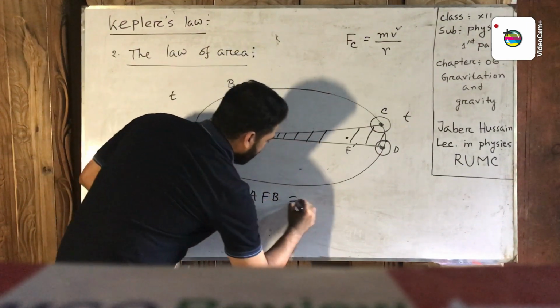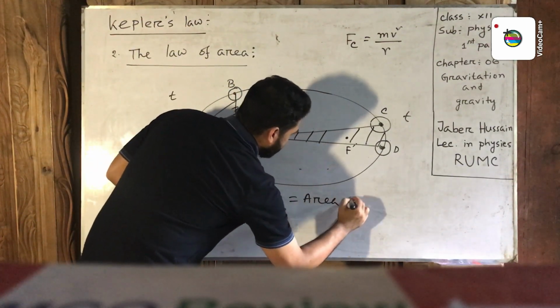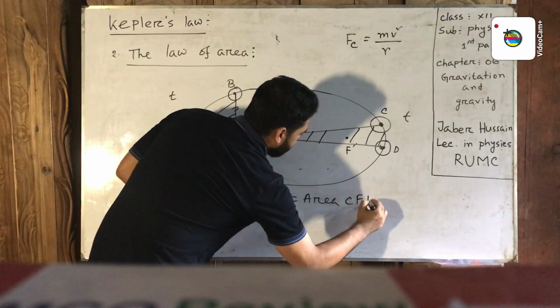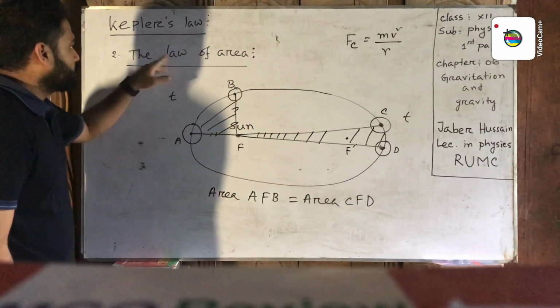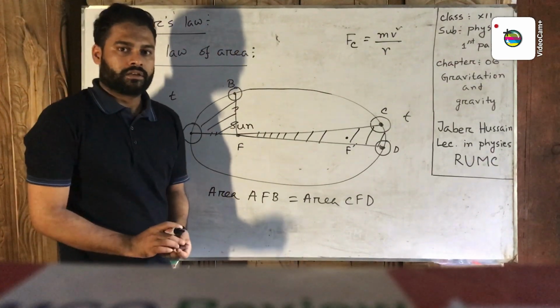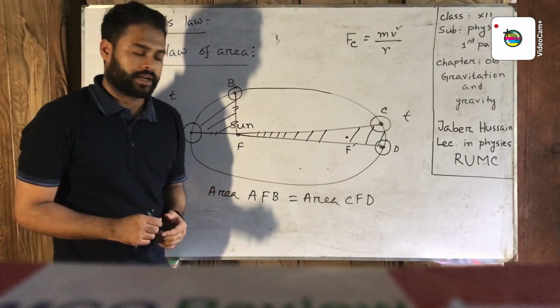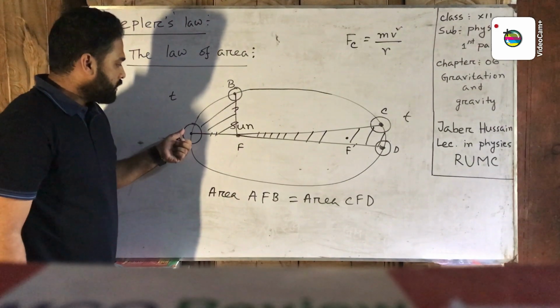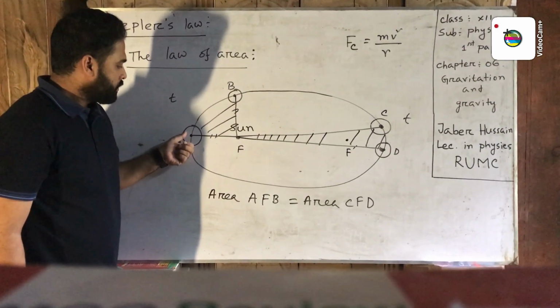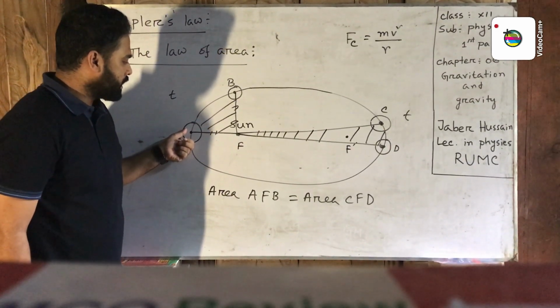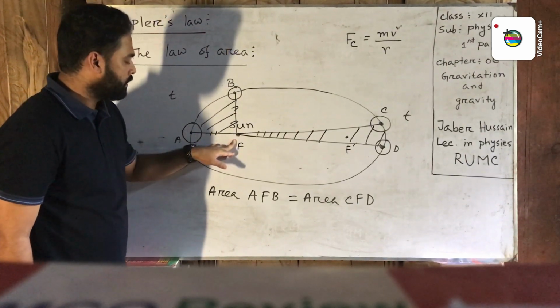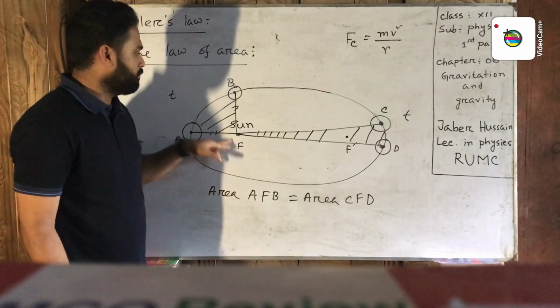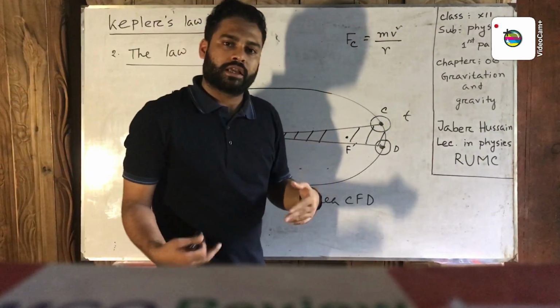Both are equal if the times are equal. Now, the law of area states that the area covered by the line joining the planet and sun in equal time is equal.